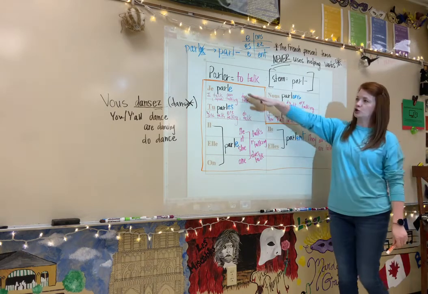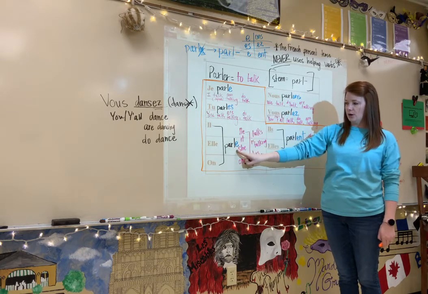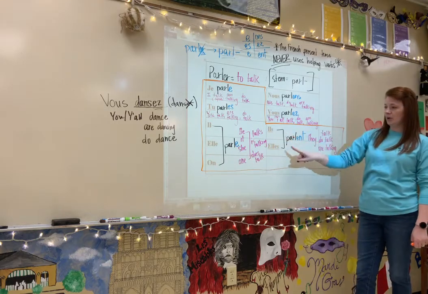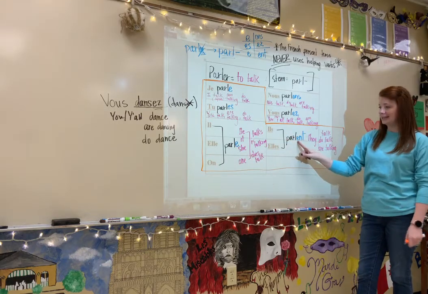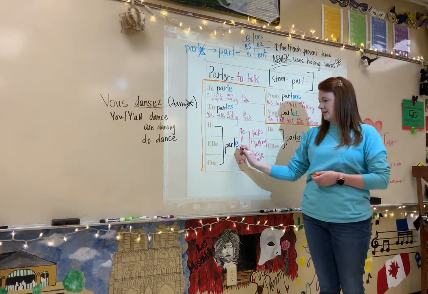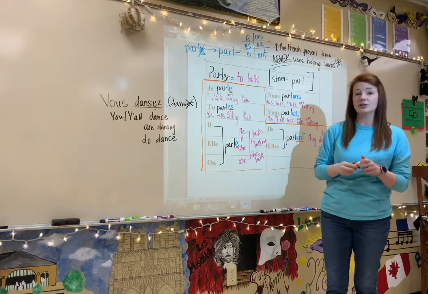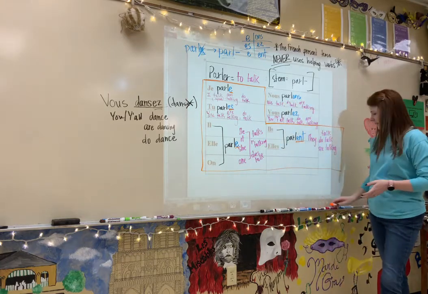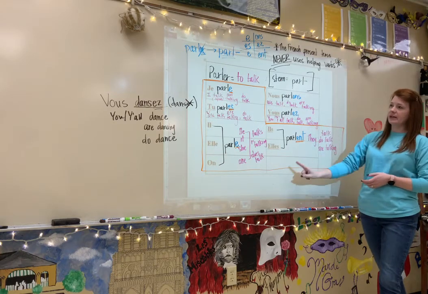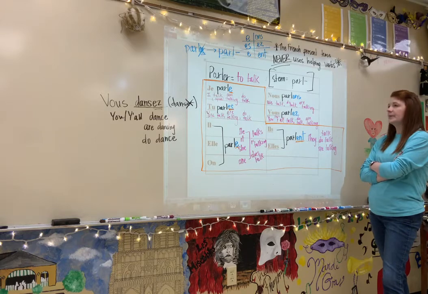So you have je parle, tu parles, il parle, elle parle, on parle, ils parlent, elles parlent. This ENT here works as a silent E. This E, this ES, this E, they're all silent. You do not hear them, okay? These you do hear. You have parlons and parlez, but everything inside the boot is silent. It works like a silent E, just like in English, okay?